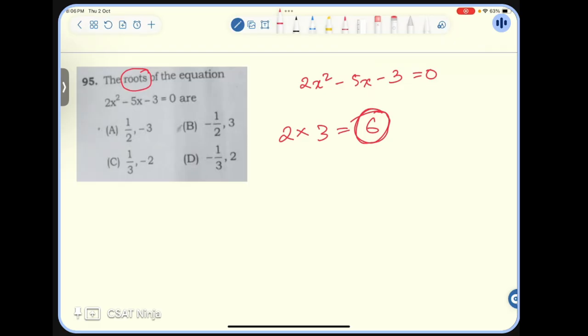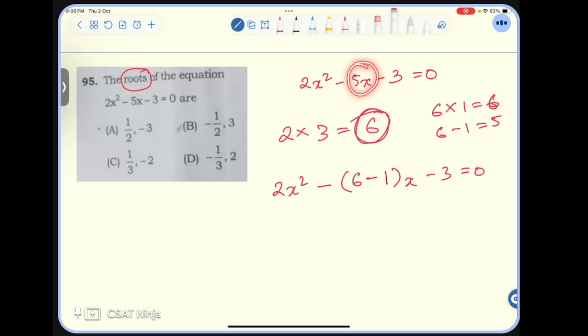So splitting the middle term means 2x squared, I need to split this middle term into 2 parts, minus 3 equal to 0. So what will be the 2 numbers? Two numbers multiplied, I need to get 6. That means 6 into 1. 6 into 1 is 6, and 6 minus 1 is equal to 5. So that's what I'm going to use. 6 minus 1 here. So in place of this middle term, in place of 5, I'm writing 6 minus 1, which will give me 5.